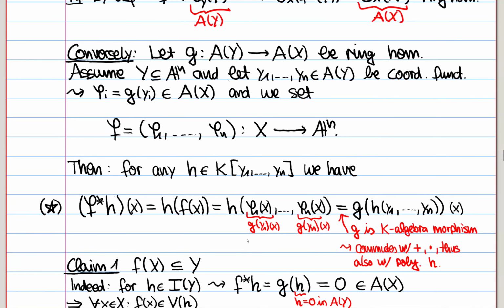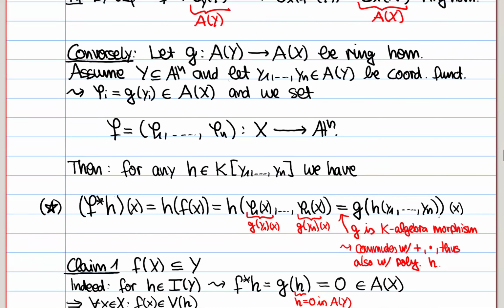So we apply this K-algebra homomorphism to a bunch of functions, and then we apply a polynomial. Because algebra morphisms commute with addition and multiplication, we can switch the order. Instead of first computing G on these things and then plugging into a polynomial, we can first plug the yi into a polynomial and then evaluate G on this.